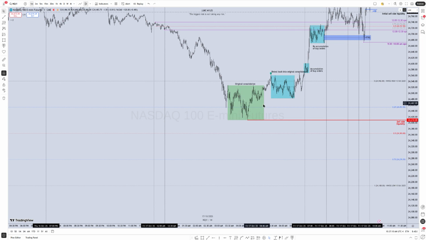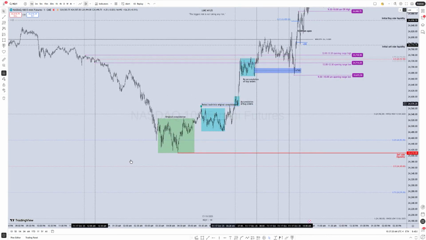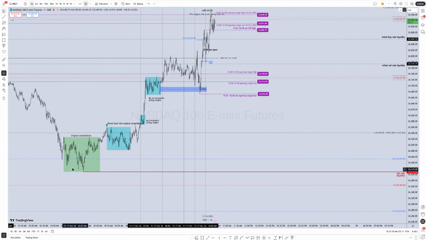So we trade into the 0.25 or the upper quadrant of that new weekly opening gap, and the market gives us a start of the market maker sell model. So I'm calling it a sell model because I expect the market to come back. According to ICT's teachings, we have to sell back into this, considering this as my original consolidation.